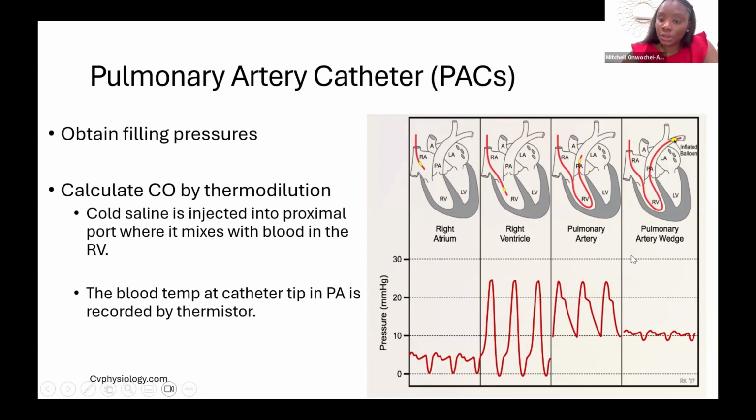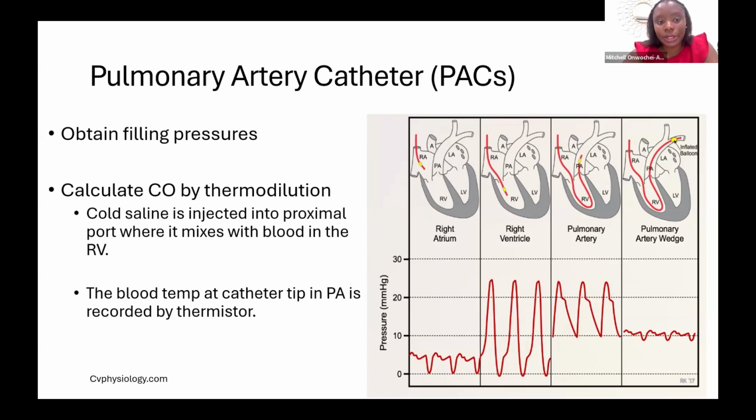Now, because the balloon is occluding the whole vessel, the thinking is that the pressure you get there should correlate closely to your left atrial pressure. In addition to getting your filling pressures, you can also get your cardiac output from your pulmonary artery catheter by means of thermodilution.